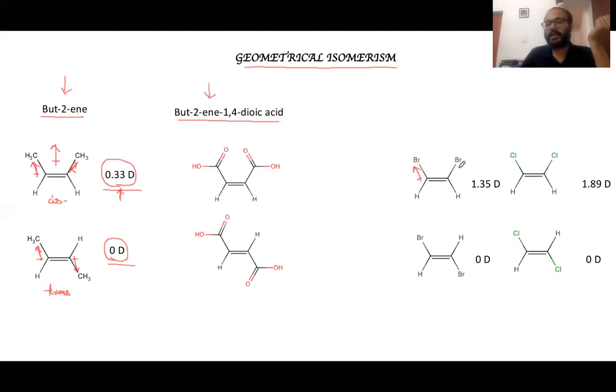Okay. Similarly, you will have the direction of dipole happening in this particular direction. Okay. So they will all have a net dipole moment in one direction.